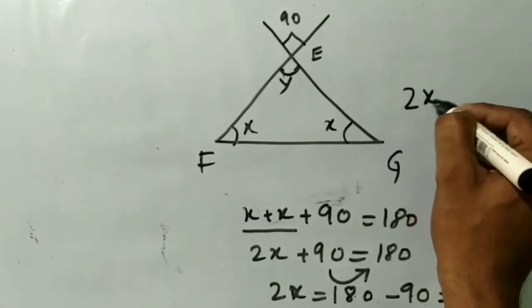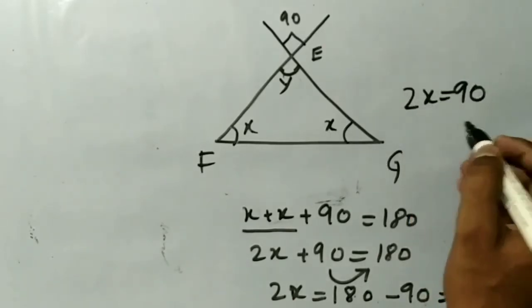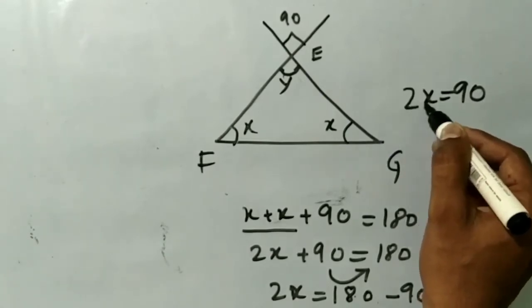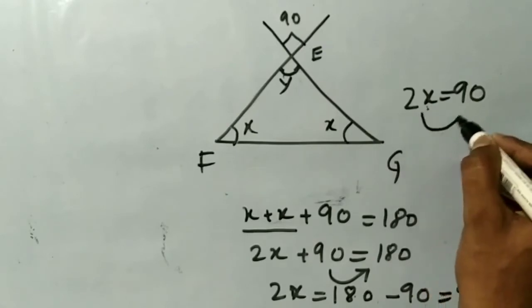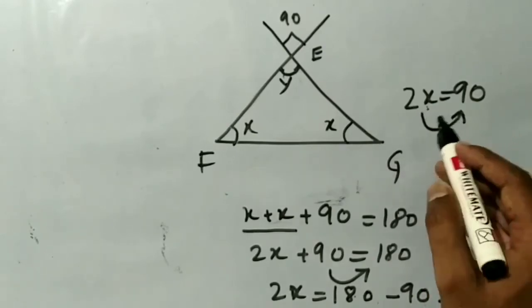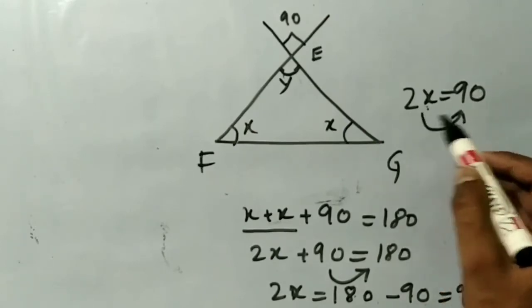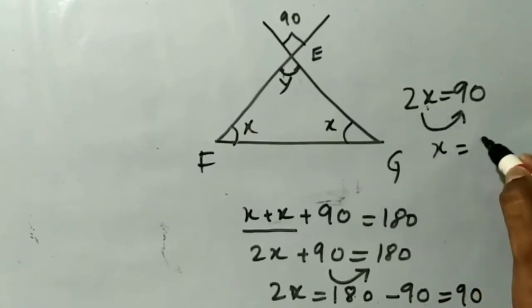The 2 is multiplication with the x, so if 2 goes to the other side, it divides. So x is equal to 90 by 2, which is 45.